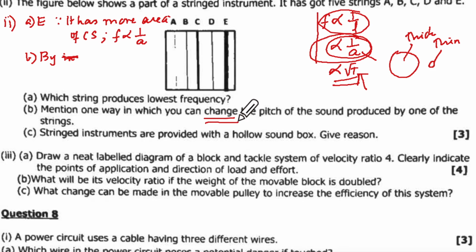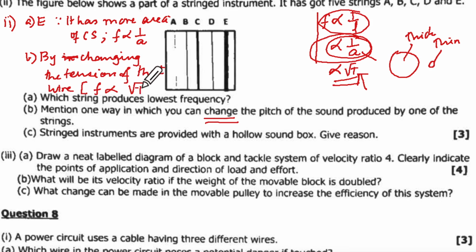If they say increasing the pitch, you'll say increasing tension. If they say decreasing the pitch, you'll say decreasing the tension. But if they say changing the pitch, you'll say by changing the tension of that wire. And in brackets you'll write: frequency is directly proportional to root of tension.